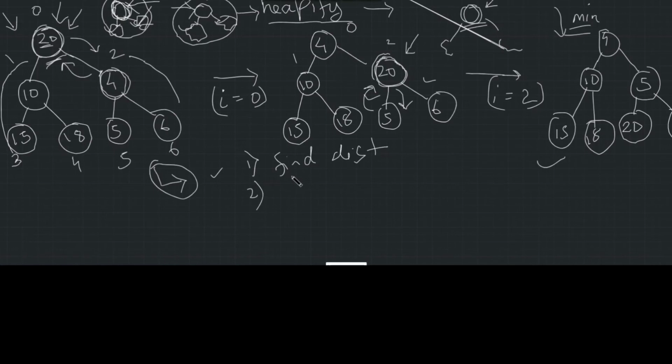Second, compare that node with its left child and right child. Initially this is 20, we compared it with 10 and 4, and got 4 as the smallest one, so we swap 20 and 4.